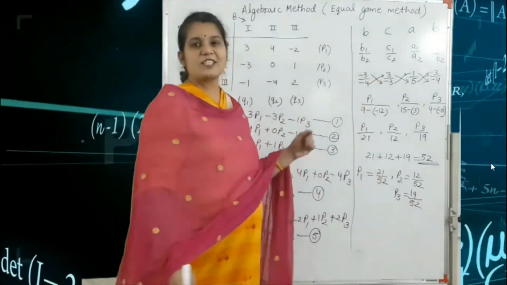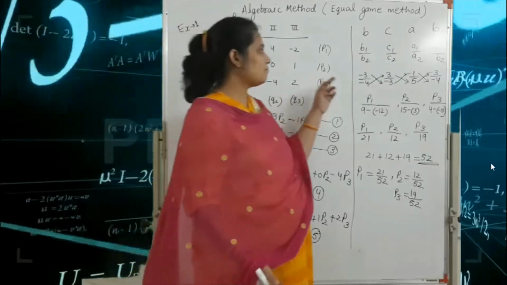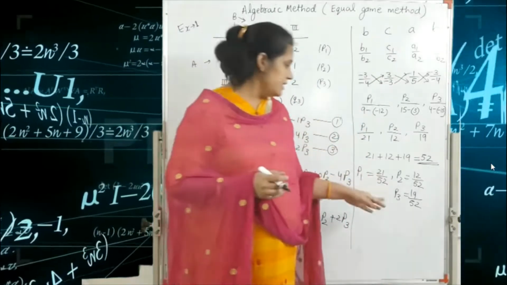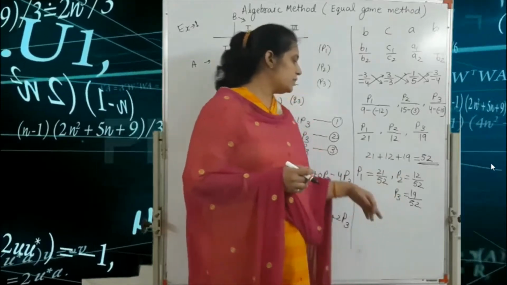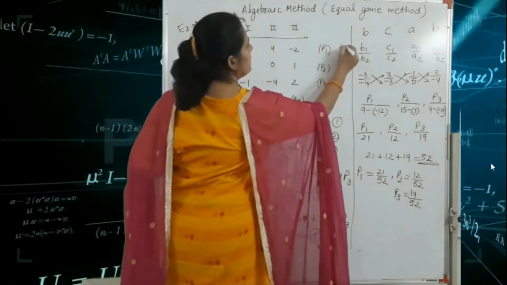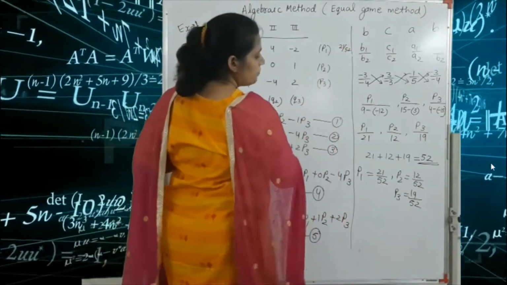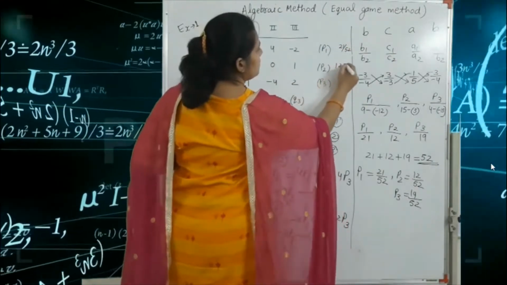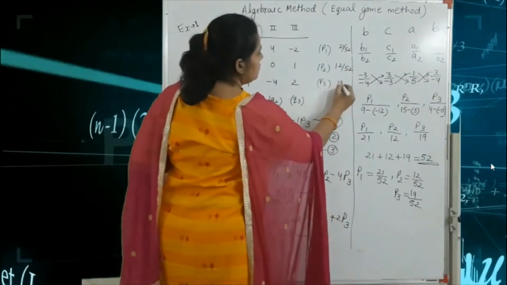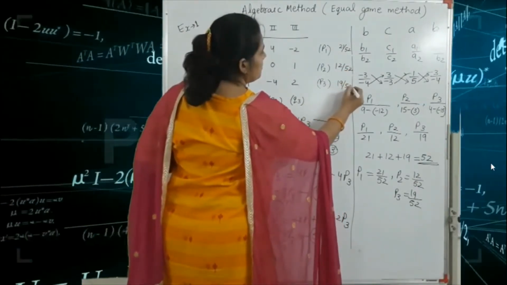Okay, so this is a very easy process, but there are some important tricks, so you always keep them in mind. So we write the P1, P2, P3 values according to this. So P1 is equal to 21 upon 52, P2 is equal to 12 upon 52, and P3 is equal to 19 upon 52.